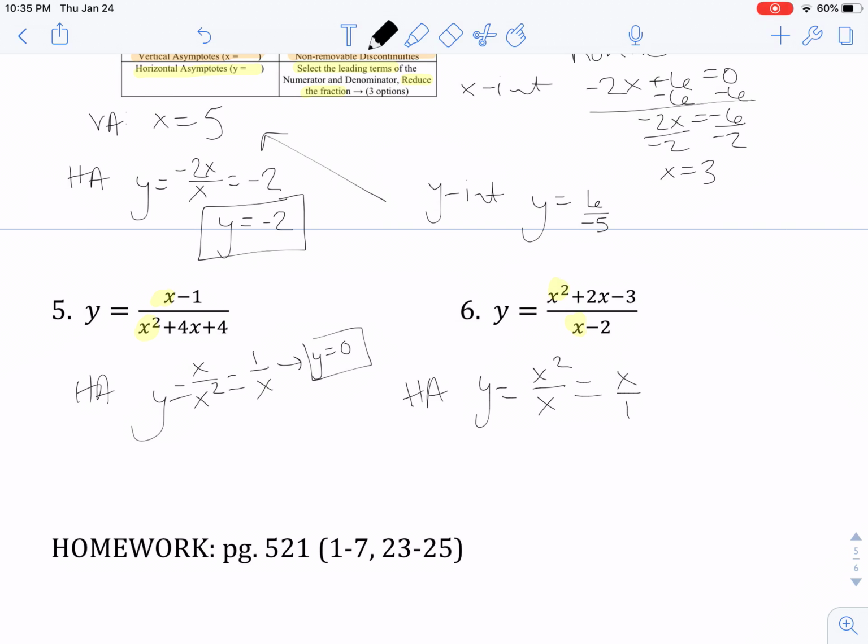So as x gets really, really big, you're taking a big number and dividing it by 1, and that number is just getting bigger. 10 divided by 1 is 10, 100 divided by 1 is 100, and 1,000,000 divided by 1 is 1,000,000. That number is getting bigger and bigger and bigger. It's not going to one certain number. So we say there is no horizontal asymptote, or we could just put none.